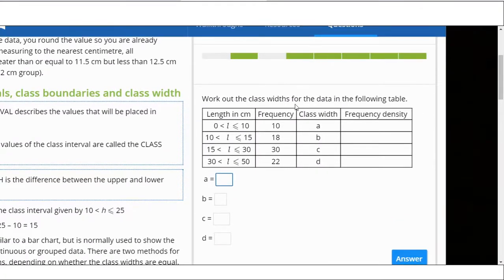Work out the class width for the data in the following table. A. The class width is only the class width. So it's 10 for A, 10 subtracted by 0, right? 15 minus 10, it should be 5 for B. 30 minus 15, so for C, 15.